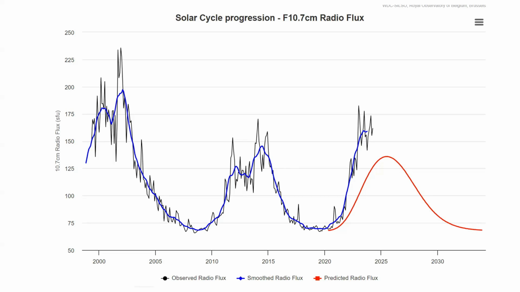We are kind of in the middle of solar cycle 25. I don't know if we peaked. We're probably close to it. But this solar cycle, the solar flux and the sunspot numbers have exceeded expectations, or at least the consensus of the experts.